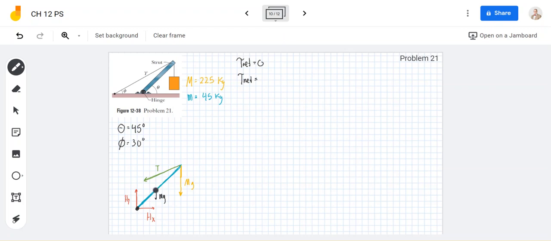So what's the first one? Halfway up here, we have L over 2, little mg, and this is the sine of what angle? In this case, it's not theta, it's going to be 90 minus theta.